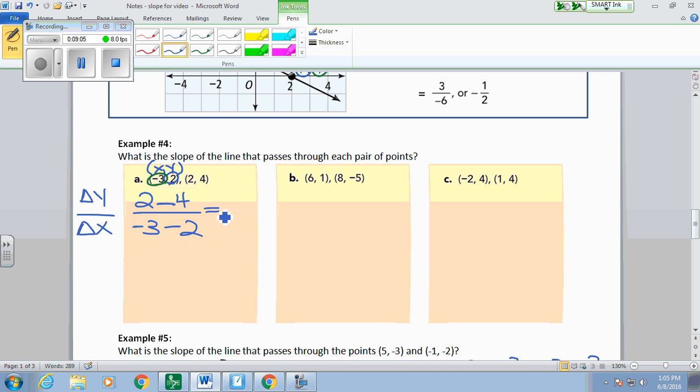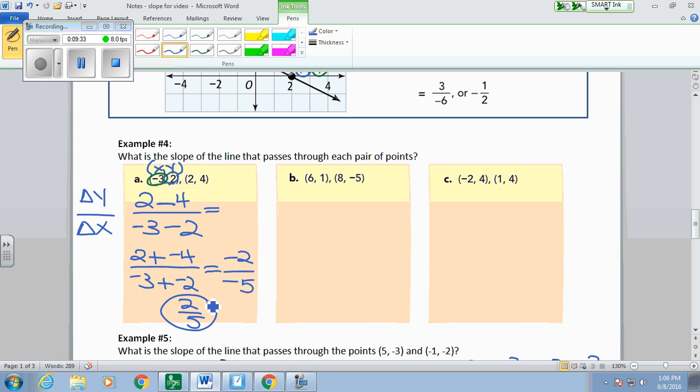Just to remind ourselves, this becomes 2 plus negative 4. This is negative 3 plus negative 2. So 2 plus negative 4 is negative 2. Negative 3 plus negative 2 gives us negative 5. Negative 2 divided by negative 5 will give us positive 2/5 for our final slope.